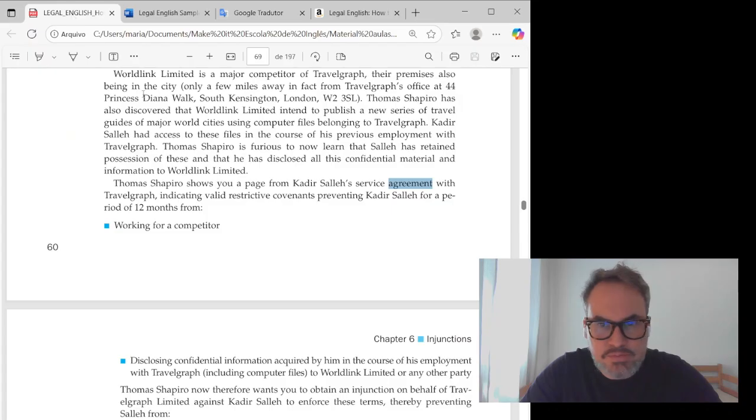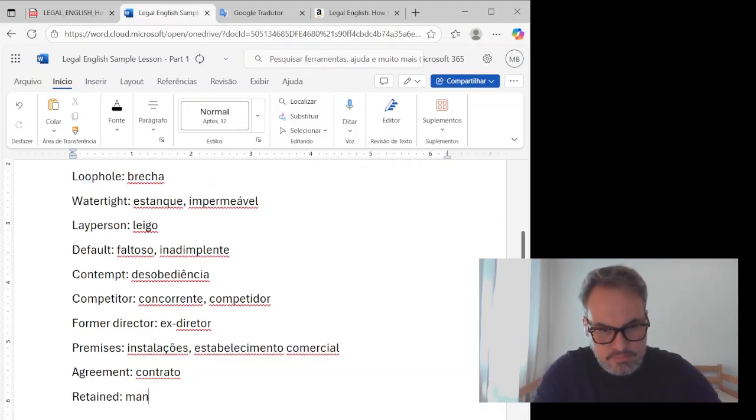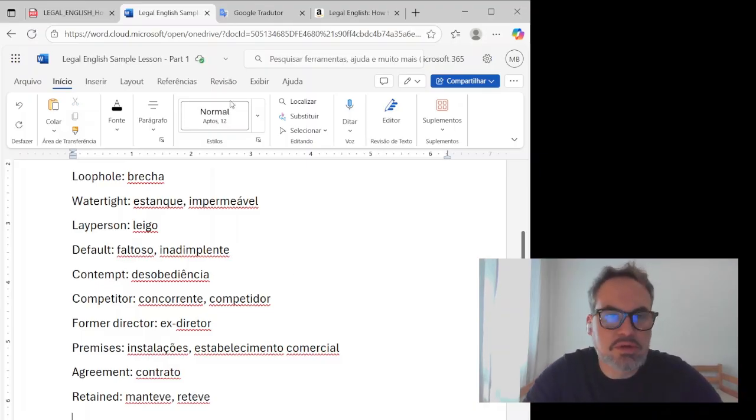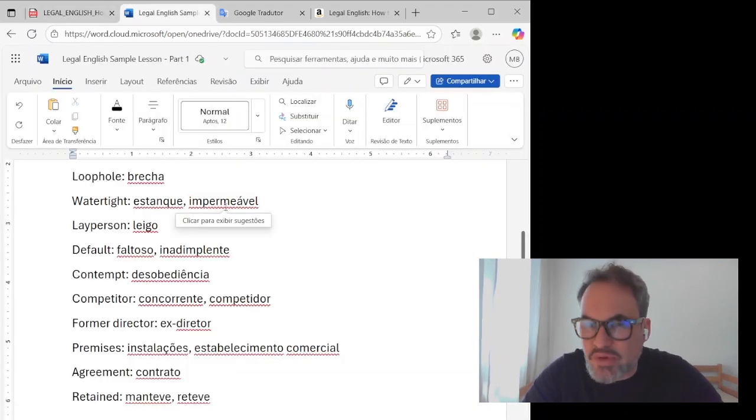And also retained possession, which in Portuguese is manteve or reteve. Disclosed. He has disclosed. He showed. Okay.